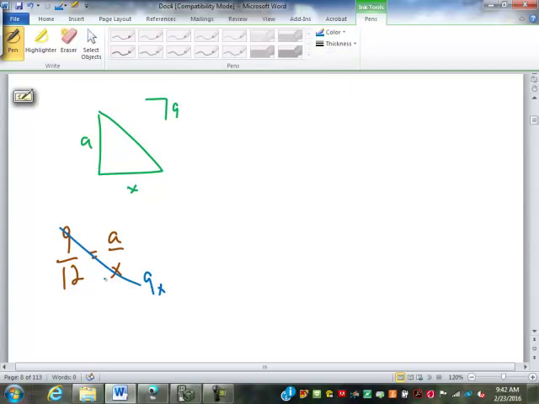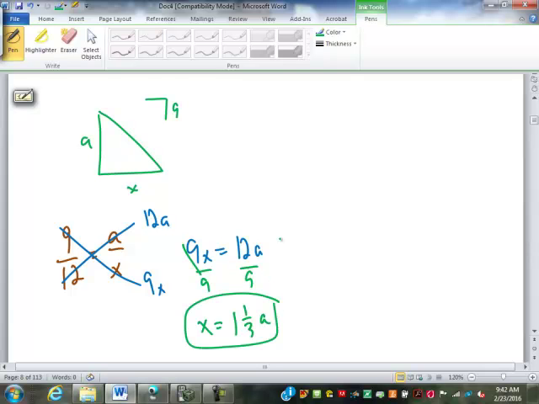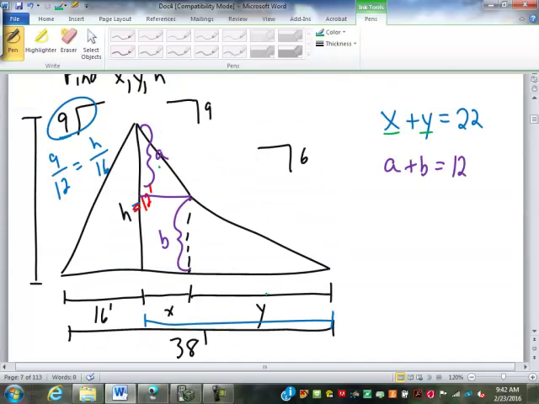So 9x equals 12a. What am I going to do with that? Divide by 9 to get x equals 1 1/3 a. So I'm going to replace x here with 1 1/3 a.